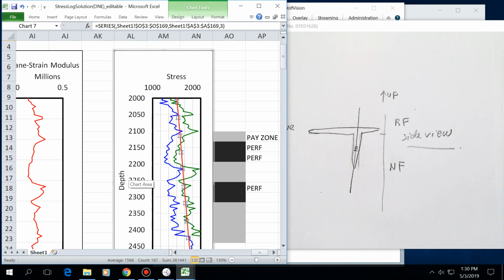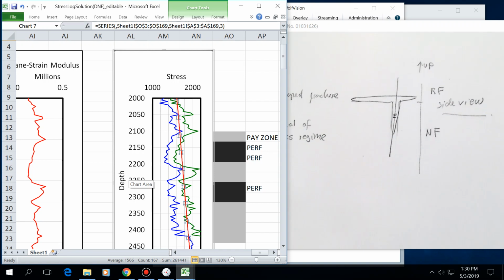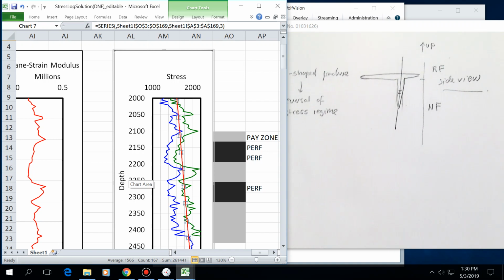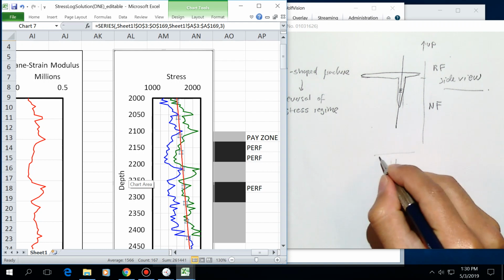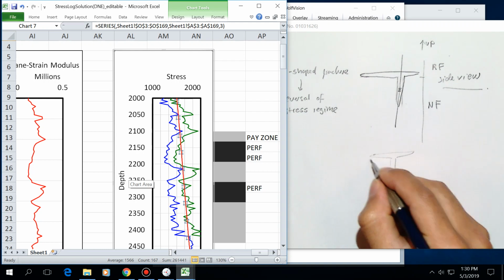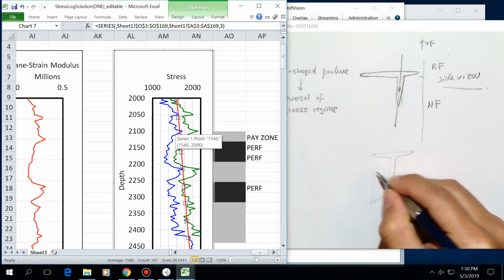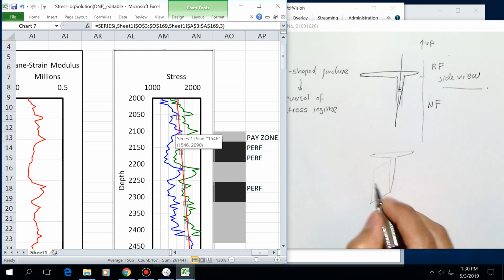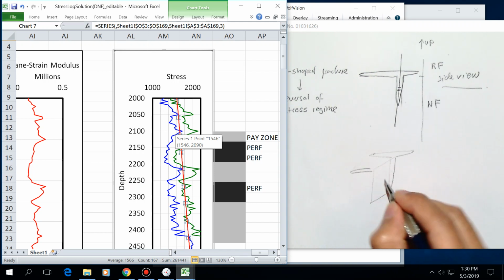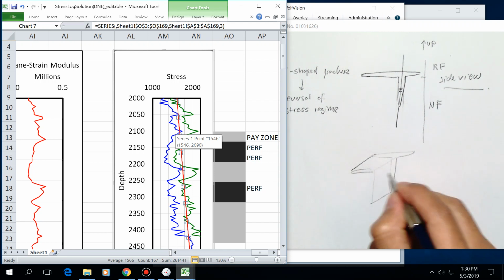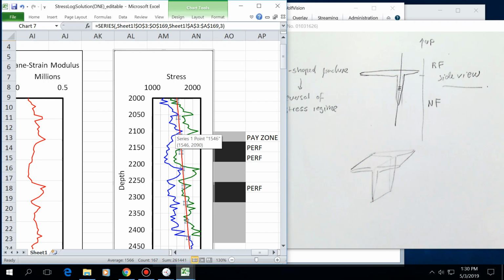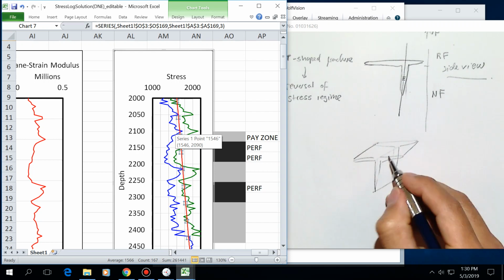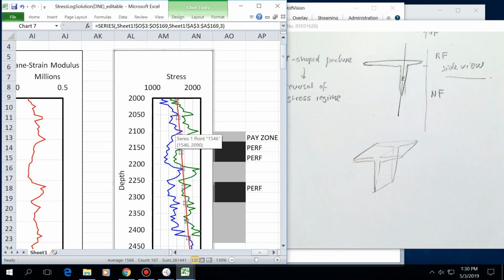I don't know if this is clear enough, but if you want, I can try to make a 3D view of that. Something like that. So when it gets to that top formation, it changes direction.